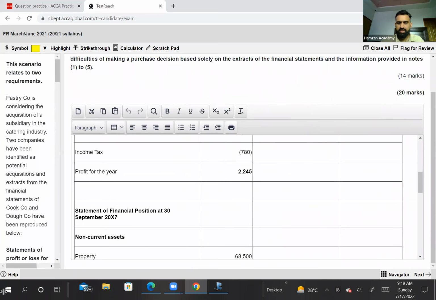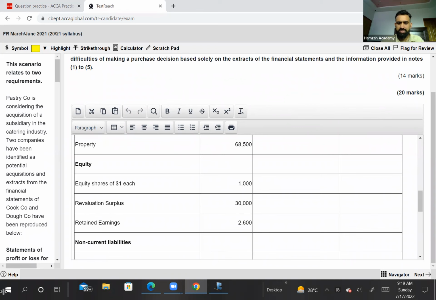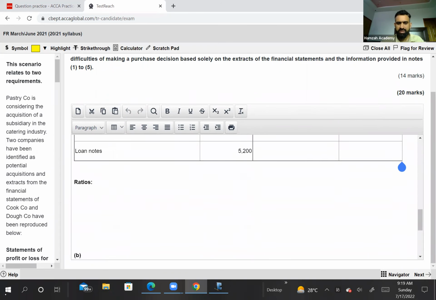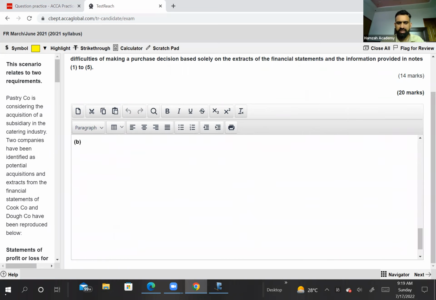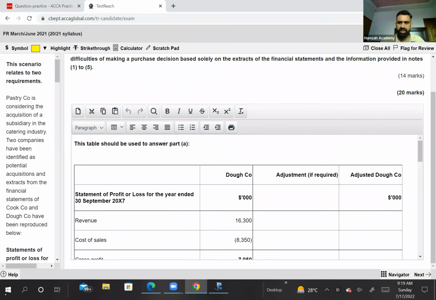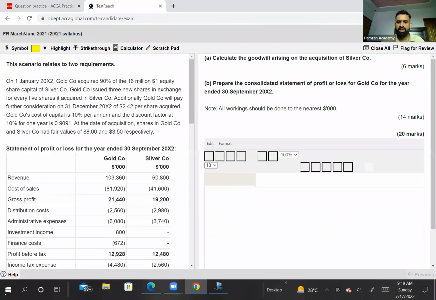this is your response area where you will calculate on a spreadsheet which is given, and you will then give your analysis on this screen by typing. When you complete this question, you can move to the next question.